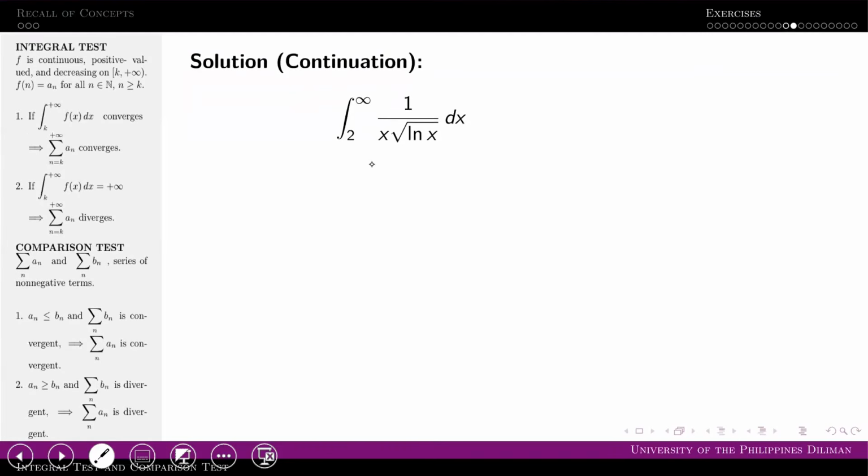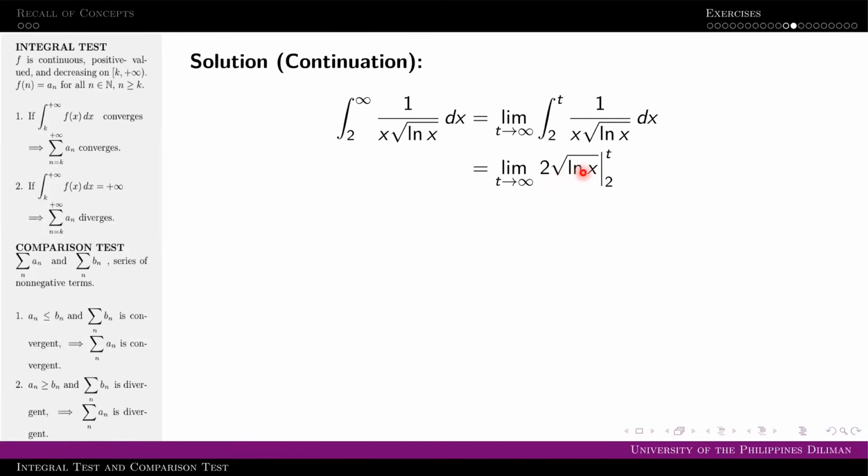Moving on sa pag-compute ng improper integral natin, this is just equal to the limit as t approaches infinity ng integral na to. But again, this is easily integrable when you let u to be ln x. And it will give you the following antiderivative, 2 square root of ln x.